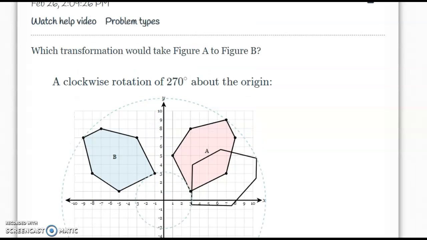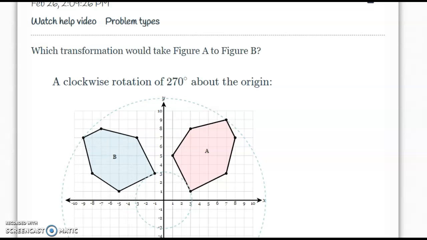Okay, so if we do that, we see that that one is spinning clockwise 270 degrees. So really focus in on this tip up here and notice it swings up and around, and it's going around the origin from here to here. So this one is a clockwise rotation of 270 degrees.